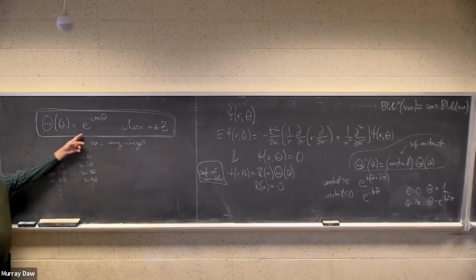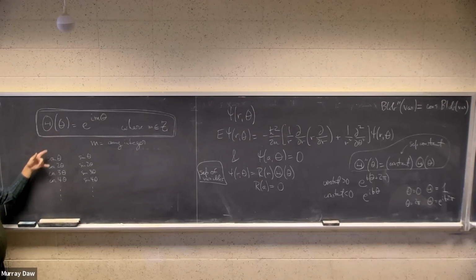So these are pieces of this. Functions like this will come into this part. And these are periodic. If you go 2 pi around, they return to themselves. It goes on to 4 pi, 6 pi, 8 pi. So it comes back to itself.